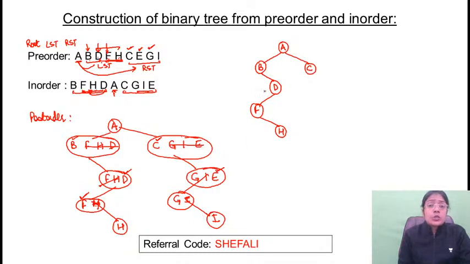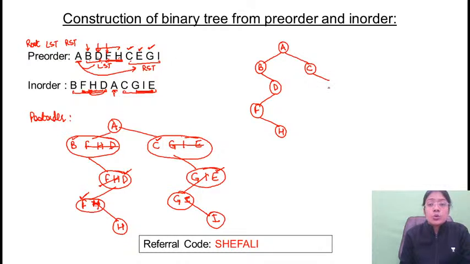But what I was doing here, instead of constructing this, I was directly writing here. What approach was I following? See, on the right of A, four elements are there. Which one is coming first? That is C. So C will be the next root. Remaining elements are on the right side. Among these three elements, which one is coming first?